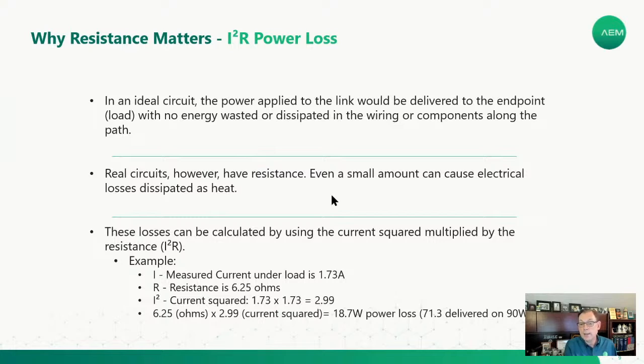So when we look at a 90 watt PoE link, we've got 71.3 watts delivered. That's 90 watts minus 18.7, which gives us our 71.3. This is an ideal link, so that's where we're getting this 90 watts and this 71.3.